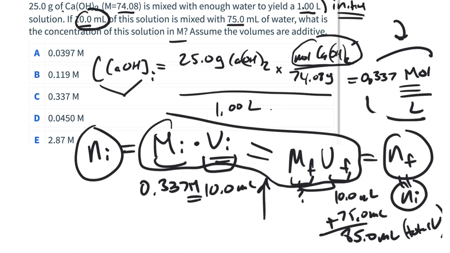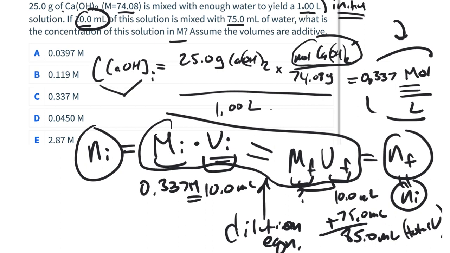Sometimes it's called M1V1 equals M2V2, where I think the ones and twos are a little misleading, and might lead you to use that equation in other problems that aren't dilution problems. So this is a dilution equation and should work whenever we're doing a dilution step, where we're just adding water and changing the concentration of a solution. It could be a useful equation.